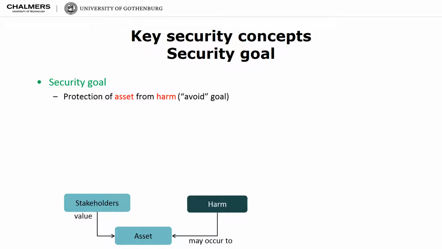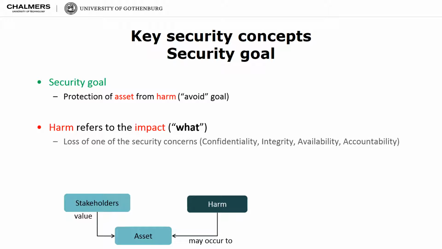So as I said, a security goal refers to protecting such an asset from harm, and harm refers to the impact. So what undesired effects can happen to such an asset.